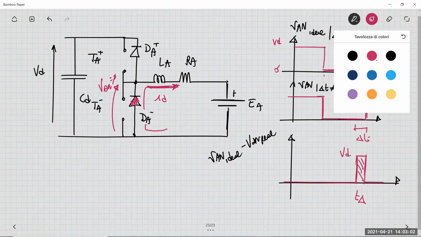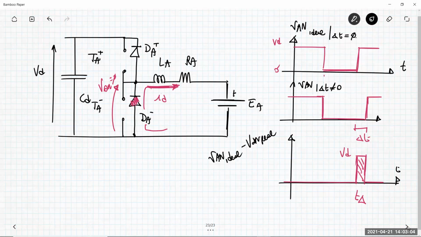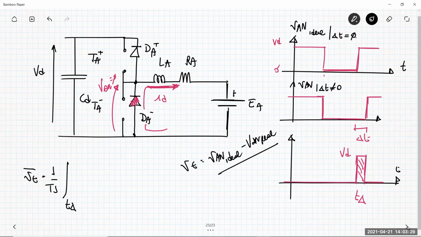So what is the difference in the average value of the voltage VAN that I have when I consider T delta or not considering T delta? I simply consider the average value of this quantity here, okay? If you consider this V epsilon averaged over one cycle, TS, this is the integral extended just on this T delta part, otherwise it will be 0.